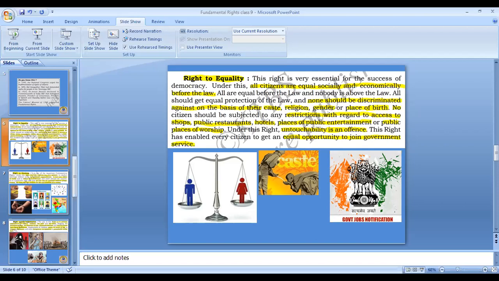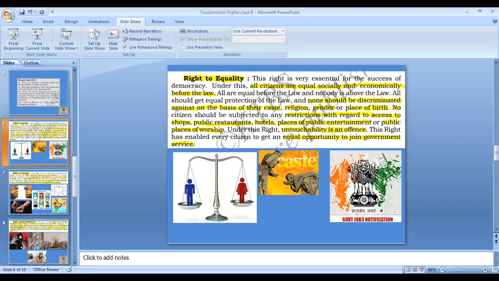If you are eligible to apply for a job, any citizen of India can apply and get government jobs. It talks about equality in getting government jobs, equality before the law, and that there should not be any discrimination based on caste, religion, gender and place of birth.